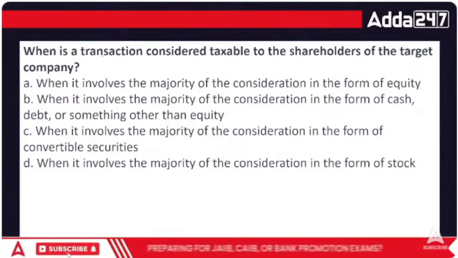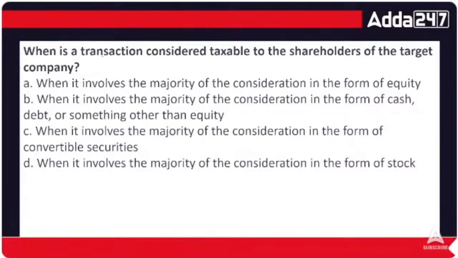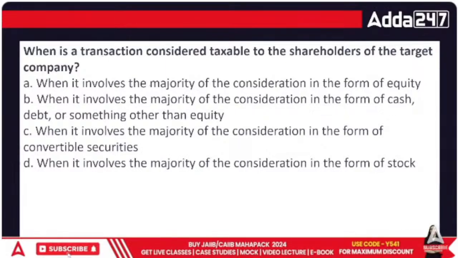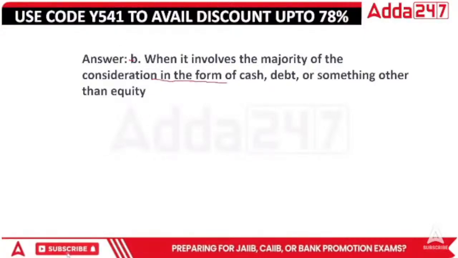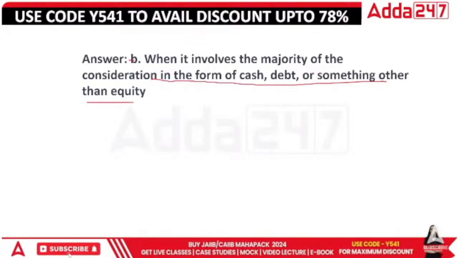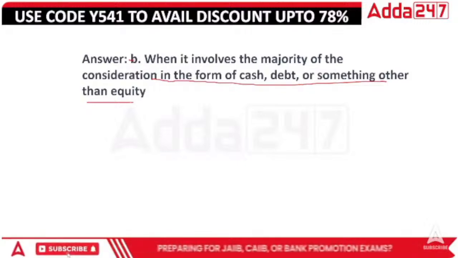When it involves a majority of the consideration in the form of equity, when it involves a majority of consideration in the form of cash, debt, or something other than equity, when it involves a majority of consideration in the form of convertible securities, or when it involves a majority of consideration in the form of stock. The answer is when there is a mix of all these things: cash, debt, and something other than equity. Done, everybody?